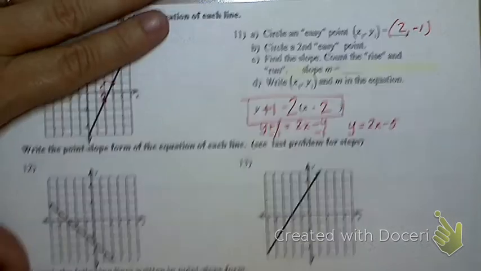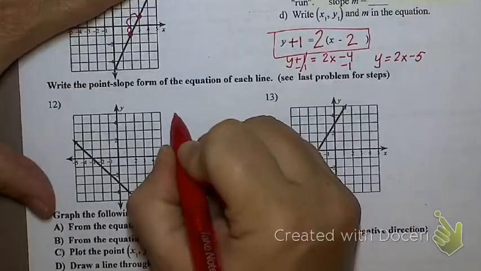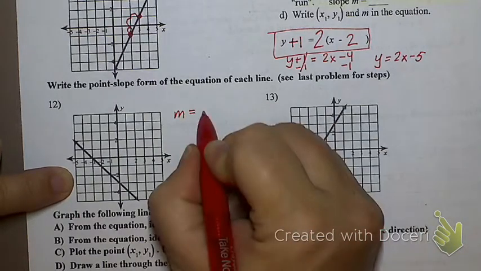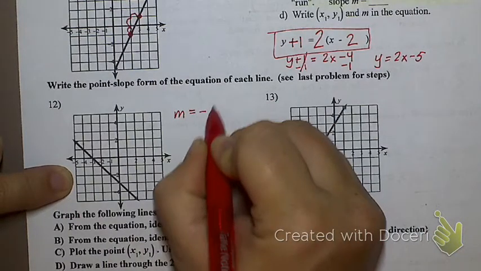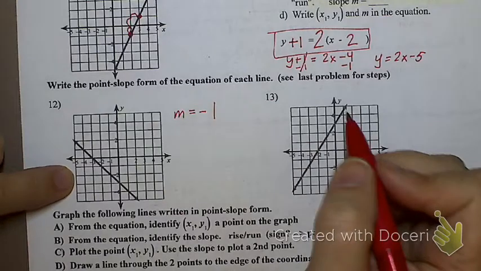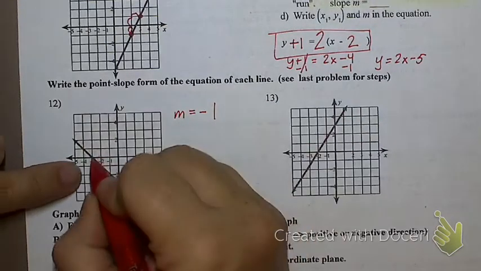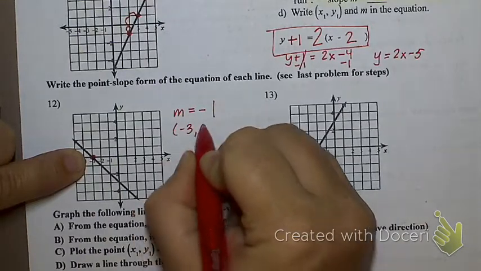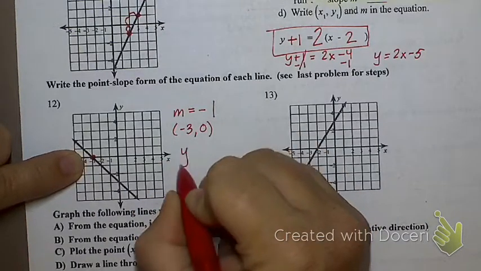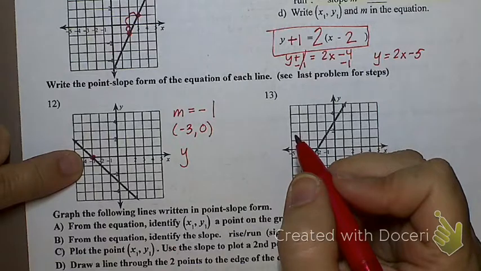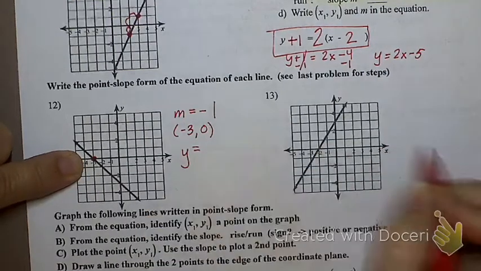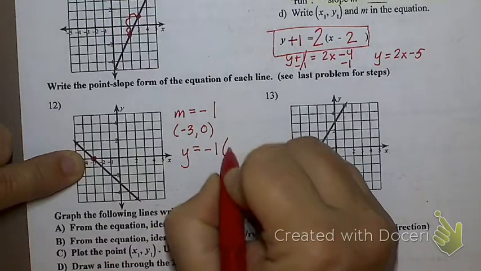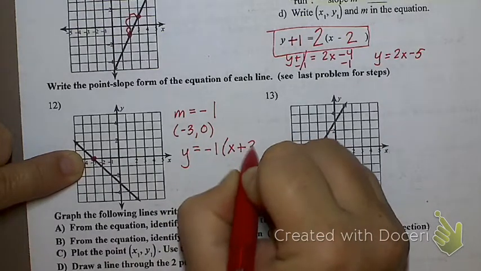Okay? All right, this one, what's the slope? Anybody? Negative 1. I'm going to pick a point. Let's say I do this one. That's the point negative 3, 0. So y minus 0. What's y minus 0? So I'm just going to say y equals slope times x minus negative 3.